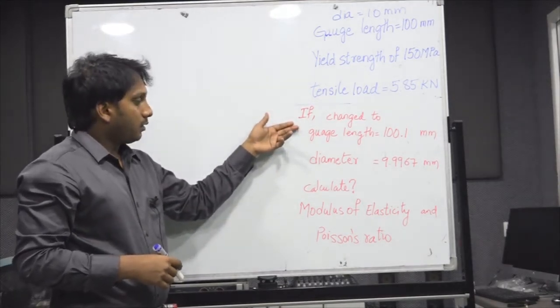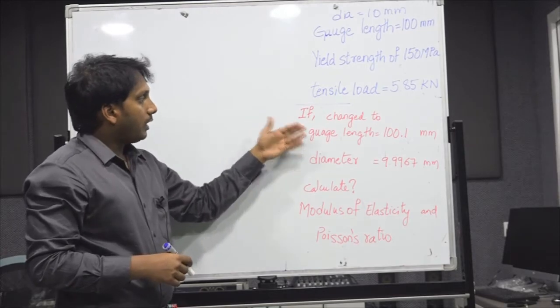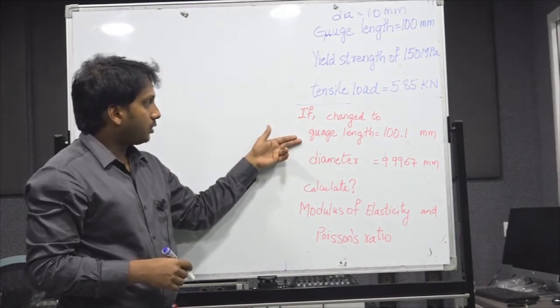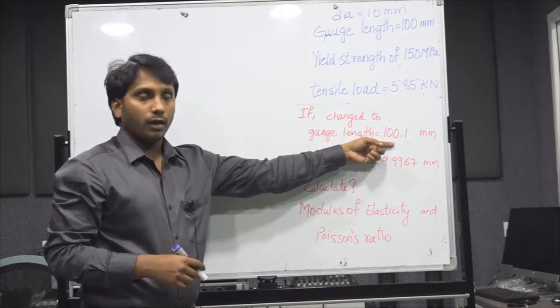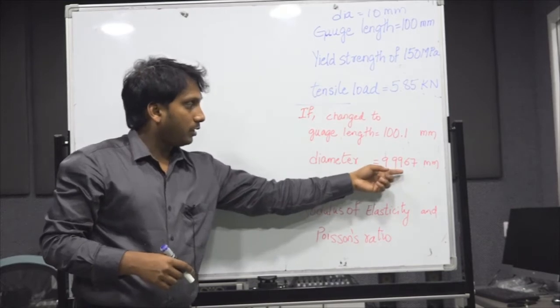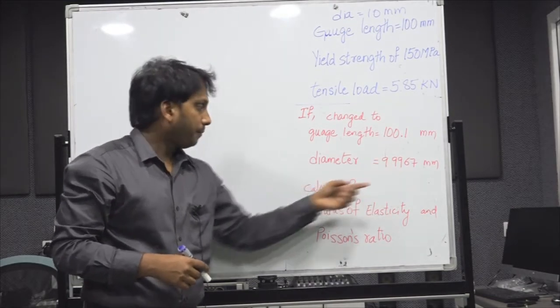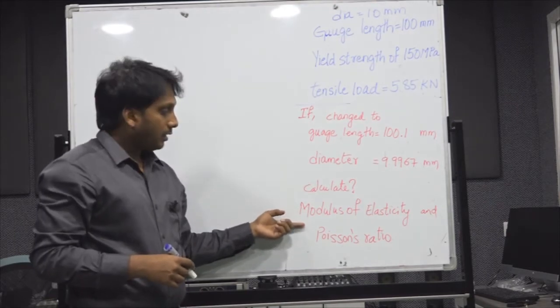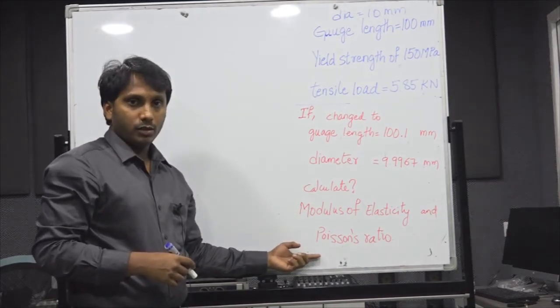If the gauge length was changed to 100.1 mm and the diameter is reduced to 9.9967 mm, calculate the modulus of elasticity and Poisson's ratio.